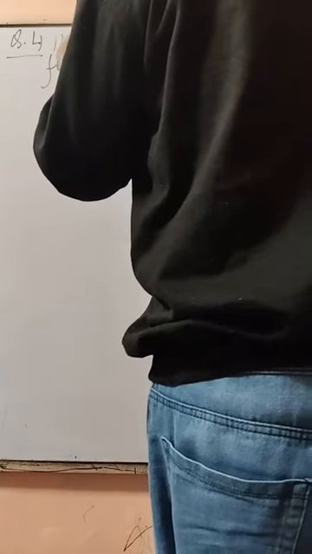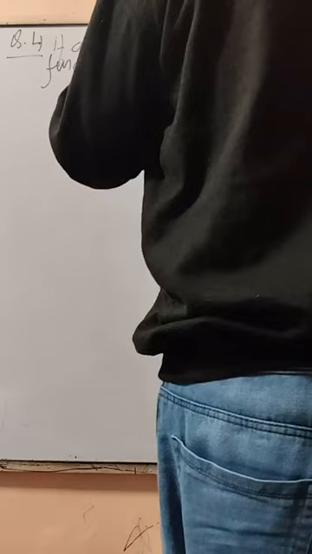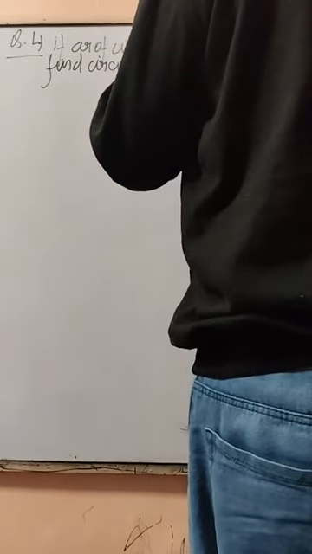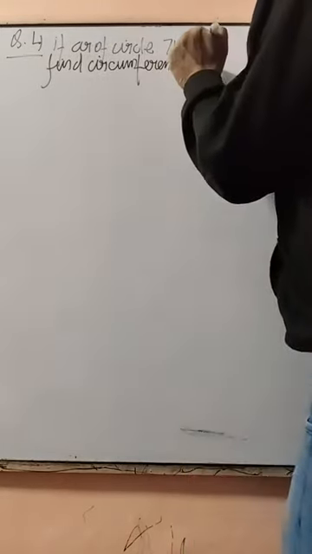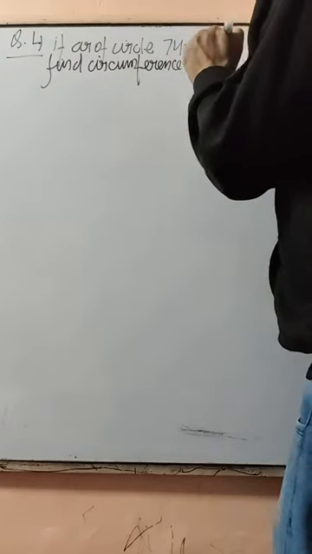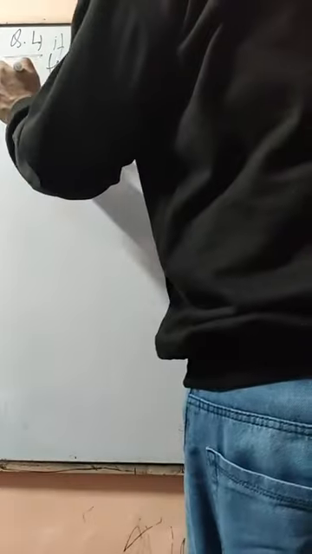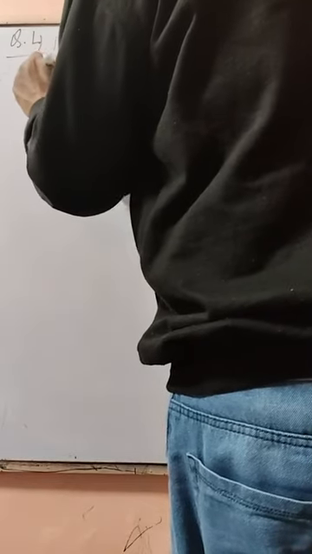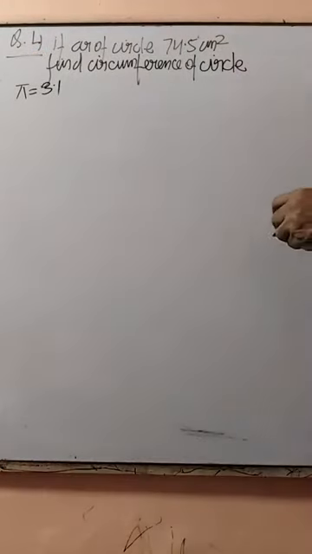Take pi as 3.5. Circumference of the circle. Getting? Okay. Take pi 3.1. Pi is equal to 3.1. Yes. Okay.